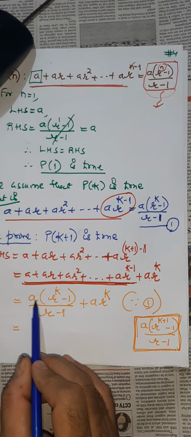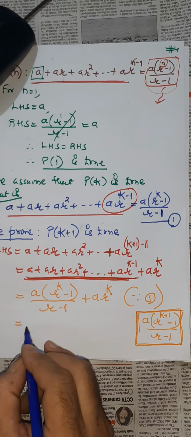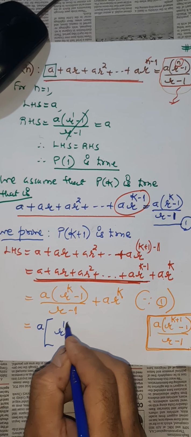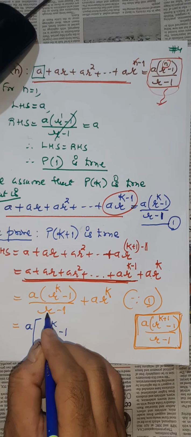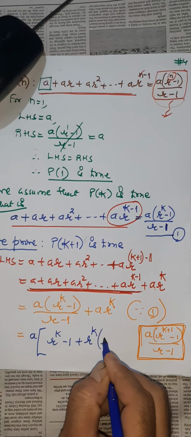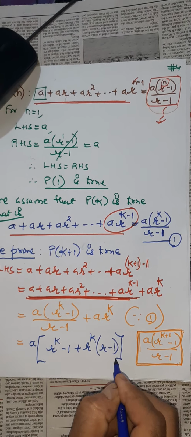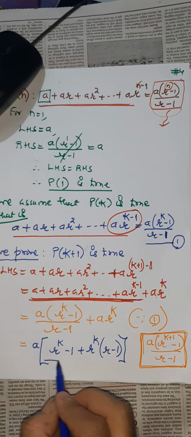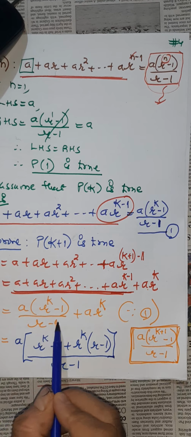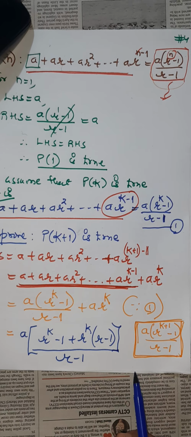What you can do is, you can find a common and r minus 1 as the LCM. So here r raised to k minus 1 multiplying with this, so r raised to k into r minus 1, the whole upon r minus 1. What I did, taking a common and r minus 1 as the LCM.